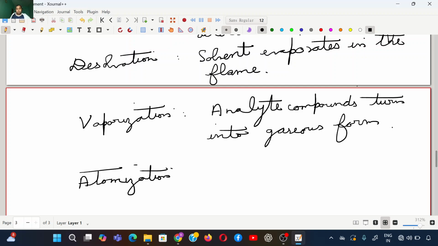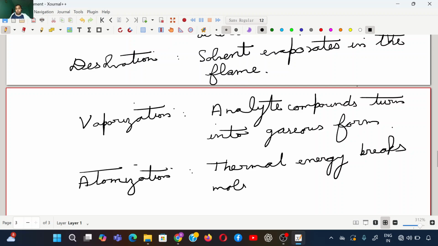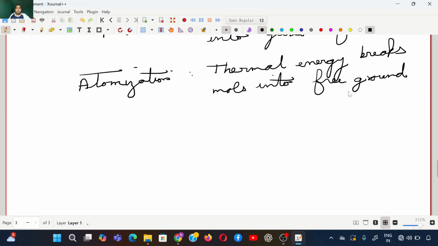Atomization: thermal energy breaks your molecules into free ground state atoms. Then, of course, there is absorption, where atoms absorb radiation of the hollow cathode lamp, lowering the transmitted light intensity.